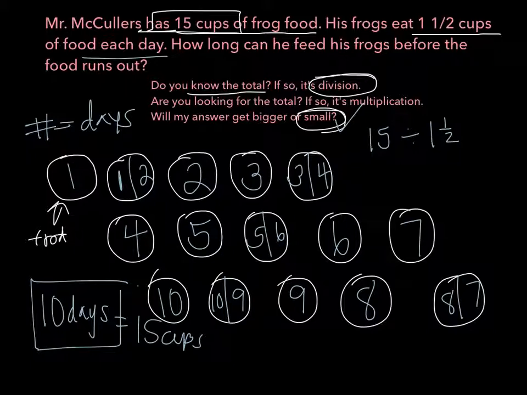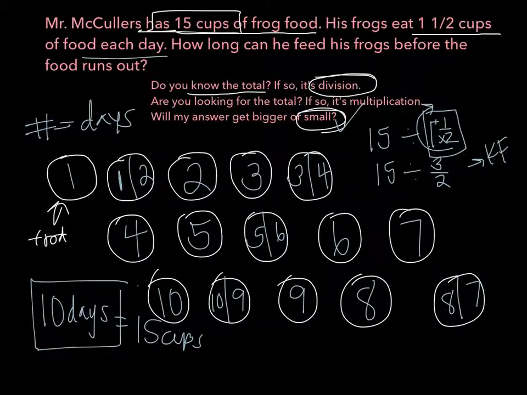There's several things I have to deal with in this algorithm to solve it. The first is that I have a mixed number. And the first thing I want to do is turn this mixed number improper. So this is going to be 15 divided by 2 times 1 is 2, plus 1 is 3. And the next problem is that this is a division sign, and I know with division problems I use KFC.